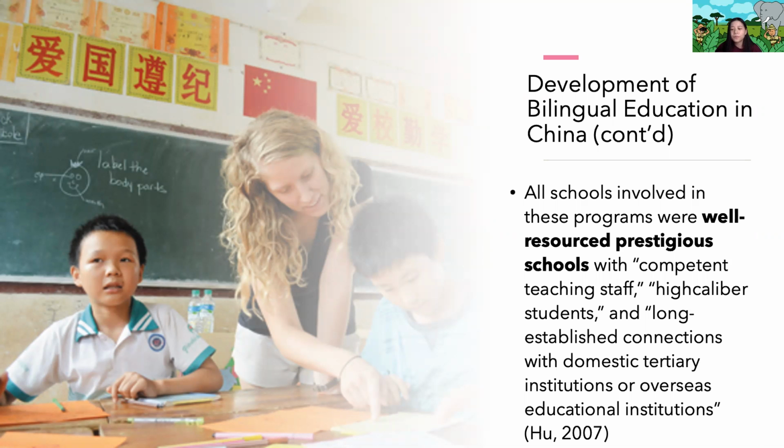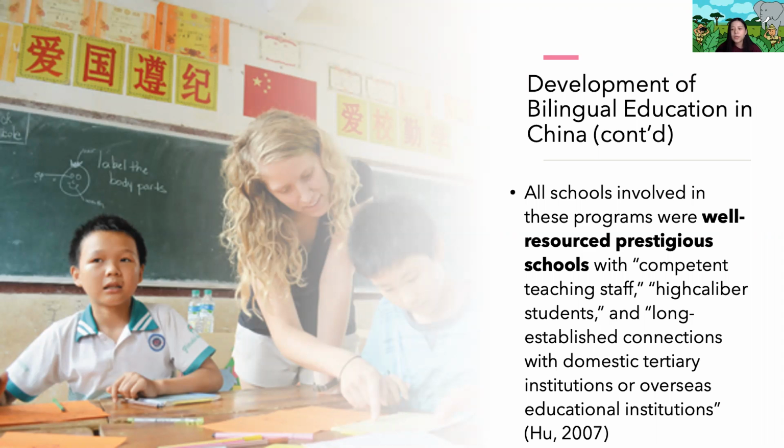According to a researcher who delves into bilingual education in China, these schools have competent teaching staff, high caliber students, and long-established connections with domestic tertiary institutions or overseas educational institutions.